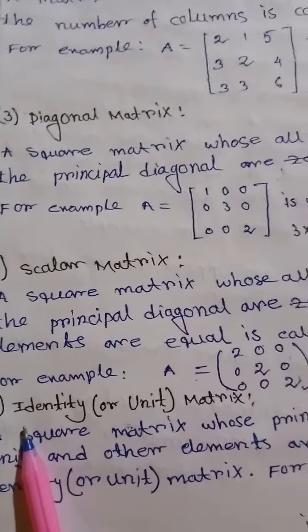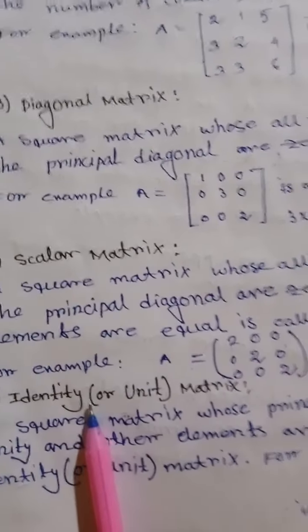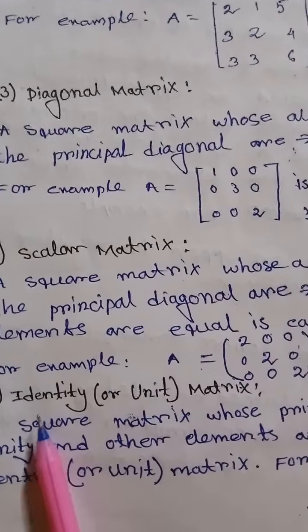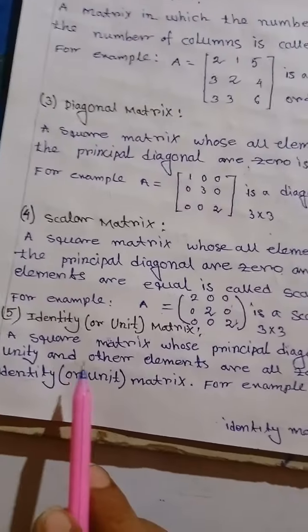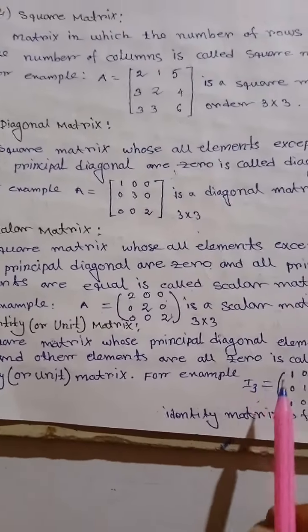Fifth type of matrix, definition of identity or unit matrix.